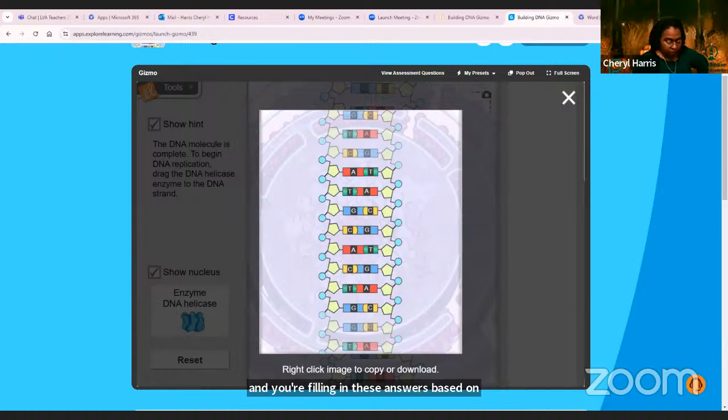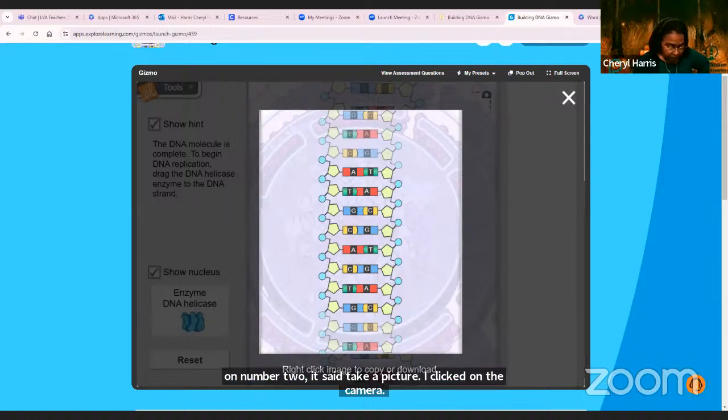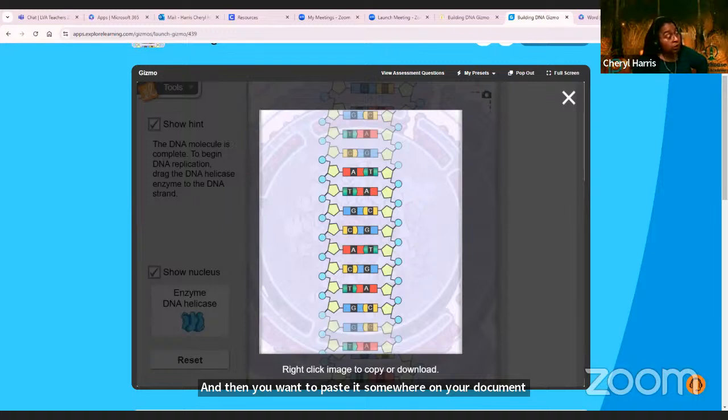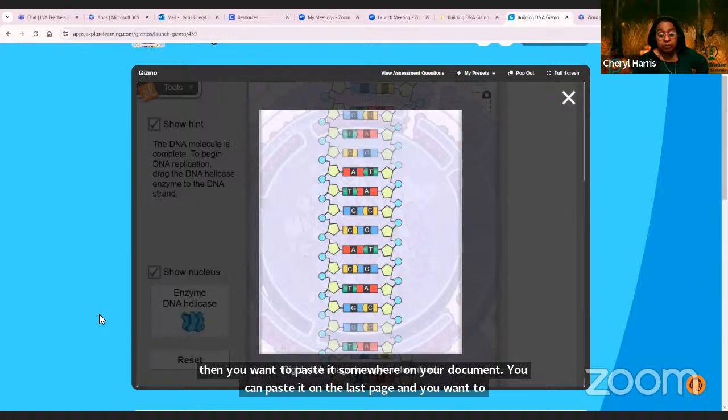So on number 2, it said take a picture. I clicked on the camera. I took a snapshot. And then you want to paste it somewhere on your document. You can paste it on the last page and you want to title it Original DNA Molecule.